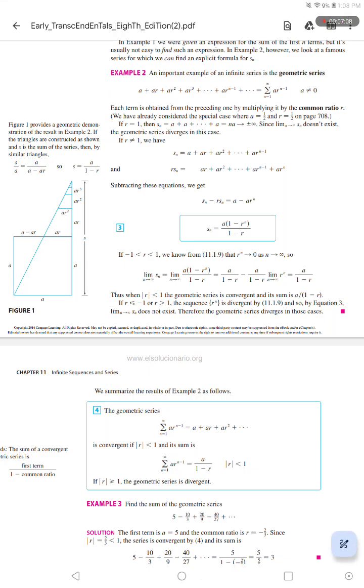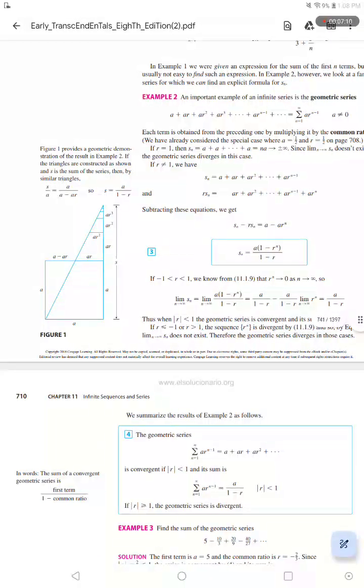We summarize the results of example 2 as follows.